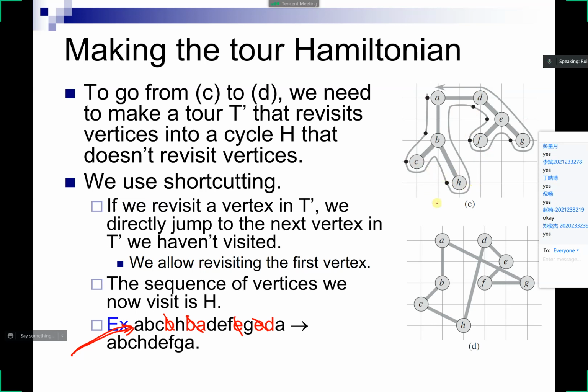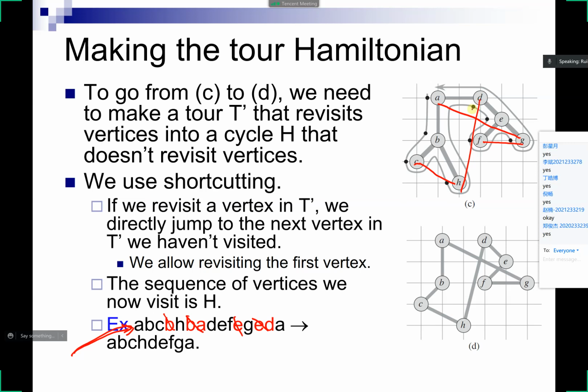Then we apply all these shortcuts. We, for example, add this shortcut, this shortcut, this one, and then this one. The claim is that when you add any of these shortcuts, you do not increase the length of the cycle. So if the original DFS had a length of, let's say, 10, then after you add all these shortcuts, you have a length at most 10.